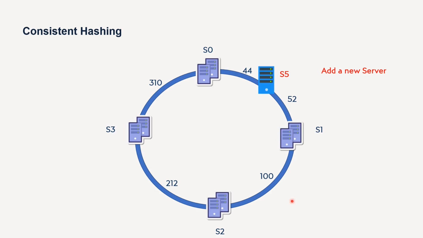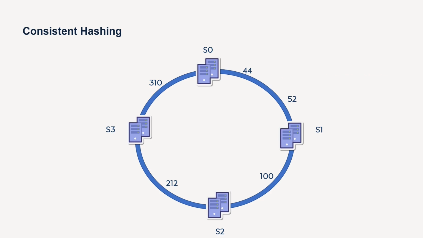In the previous example, almost all the servers had to swap keys, but here only one or two servers are impacted. So this is helpful when we want to add a new server, as the changing of keys happens at a very low number.